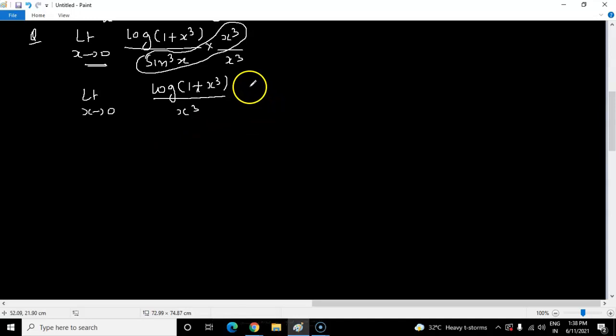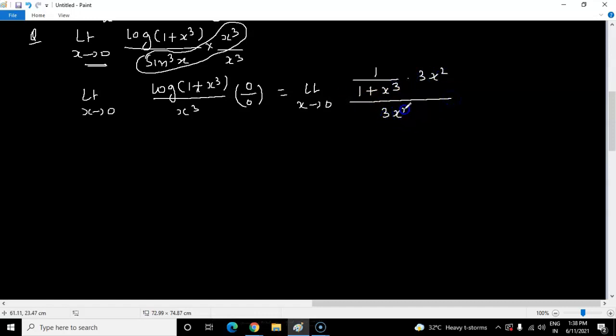So you put 0 here, log of 1 plus 0, you will get log 1. Log 1 is 0, so 0 by 0. So you can apply L'Hospital rule, limit of x tends to 0. This becomes 1 by (1 plus x cube) into 3x square, divided by 3x square. Getting this one? Yes, sir.